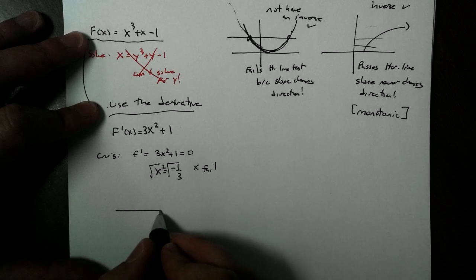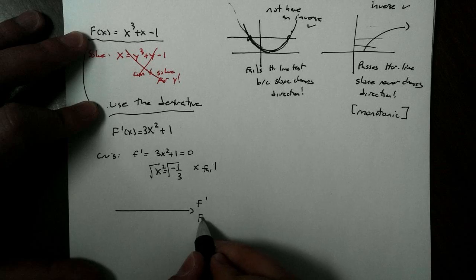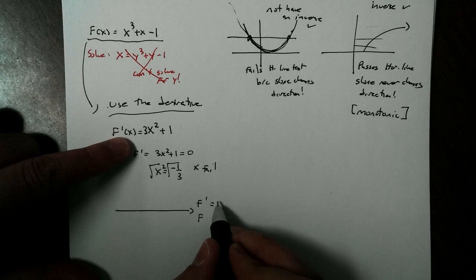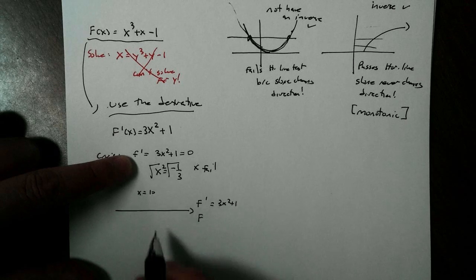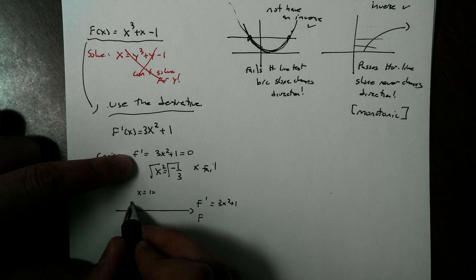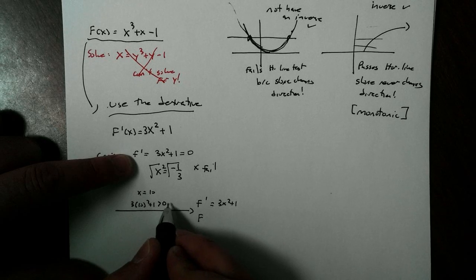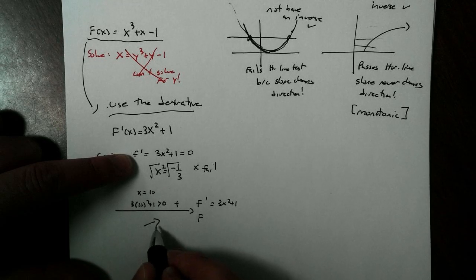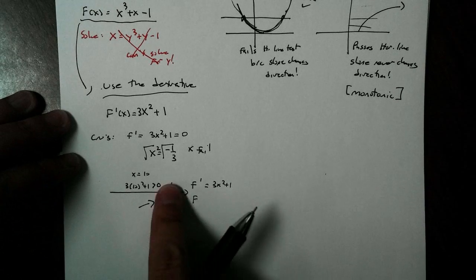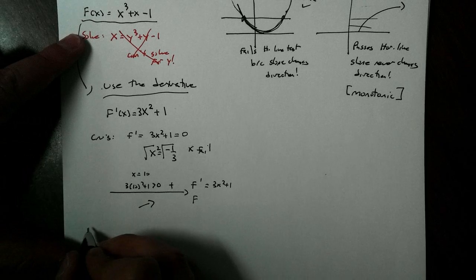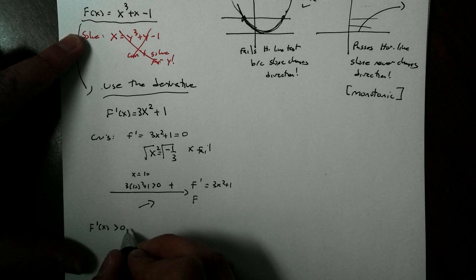So, if I do my sign chart, I don't have any critical numbers here, f prime and f. So I can pick any number I want. x equals 10. And if I plug that in, I'm going to get 3 times 10 squared plus 1, which is positive, so this is a positive function. So in other words, what this is telling us is that this is strictly increasing. So here's how we would write this. f prime of x is greater than 0.